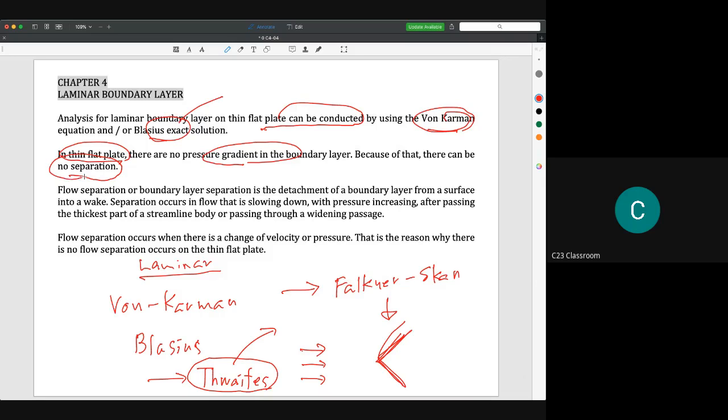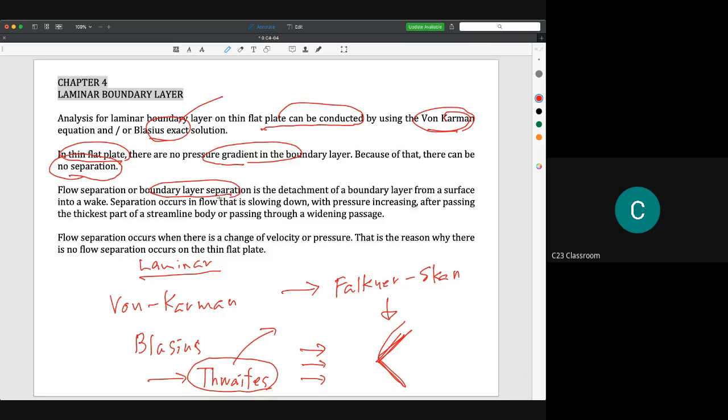So this is the keyword. Because there is no pressure difference, or no pressure gradient, if there is pressure, it is still constant. The pressure will be a constant value. Pressure gradient means the pressure keeps changing. So what is separation? Separation, to be specific in this chapter, is boundary layer separation.